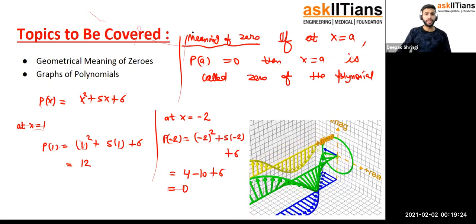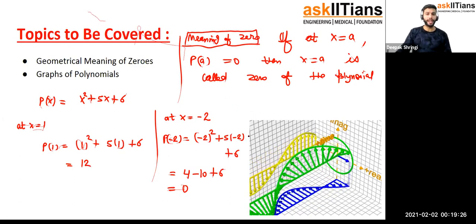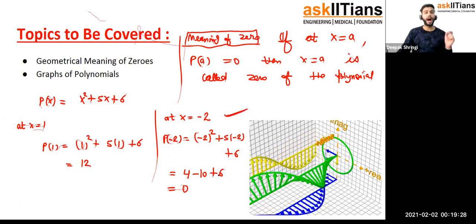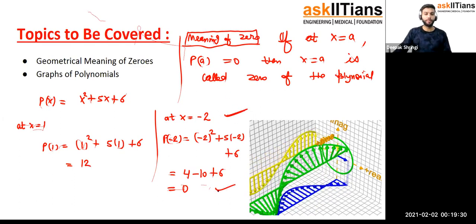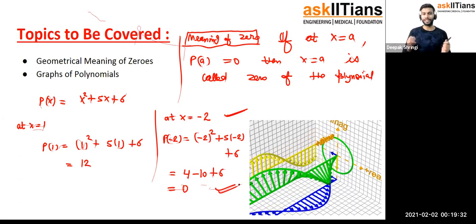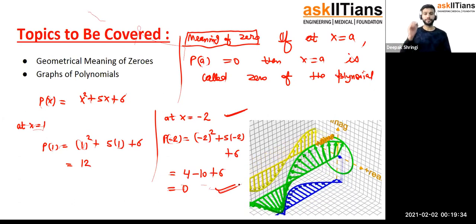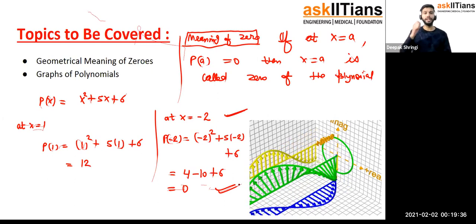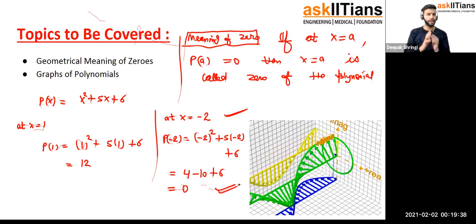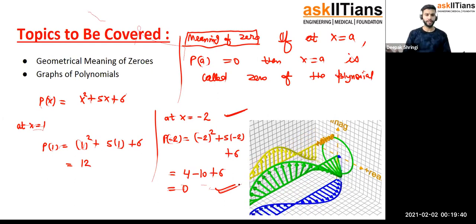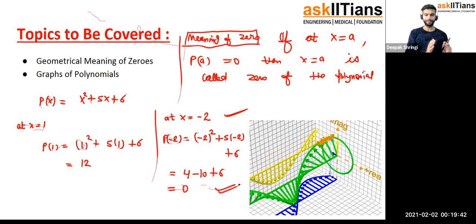When I put the value of x as -2, I got the value of the polynomial as 0. So you will say that x equals -2 is a zero of the polynomial. I hope the meaning of zero of a polynomial is clear to everyone.